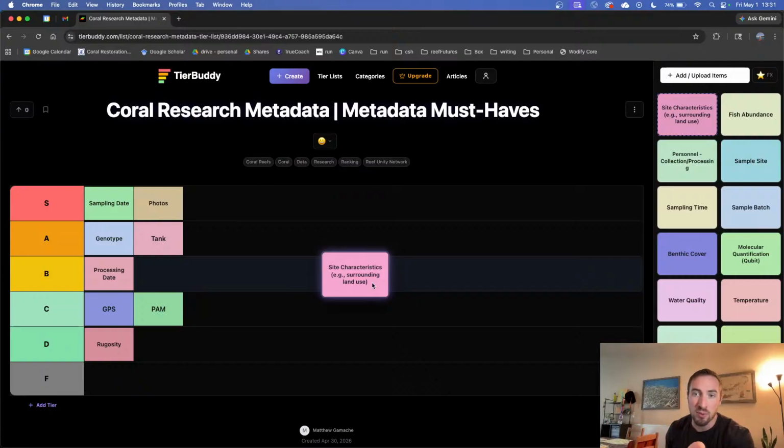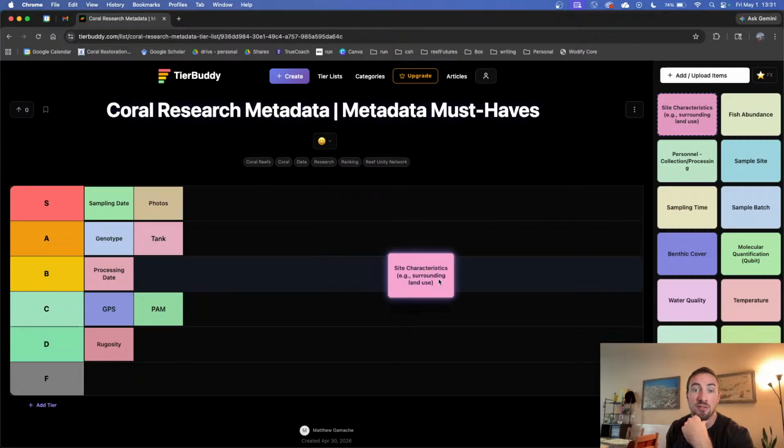Was it a healthy reef? Was it a degraded reef, which included the benthic composition? And then we could track it over time: okay, this degraded reef is shifting to a reef that we had designated from these site characteristics as healthy.